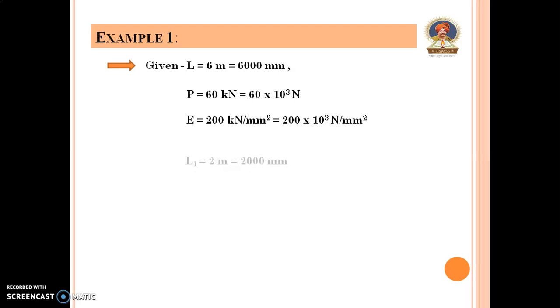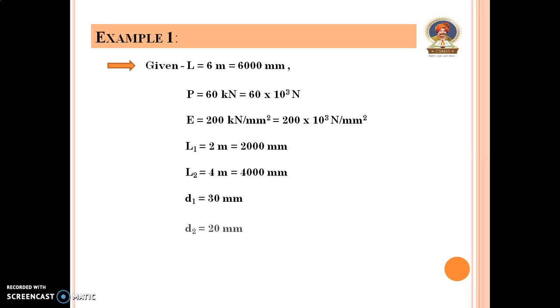Then lengths L1 is 2 meter, that is 2000 mm, L2 is 4 meter, that is 4000 mm, diameter D1 is 30 mm, D2 is 20 mm, and we have to find the total elongation of the bar.